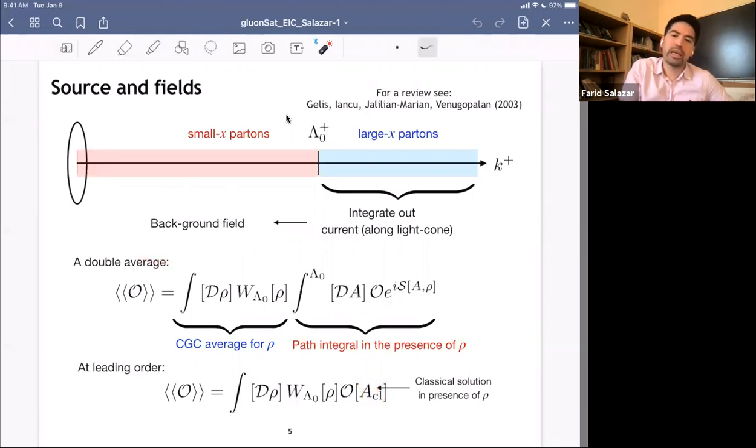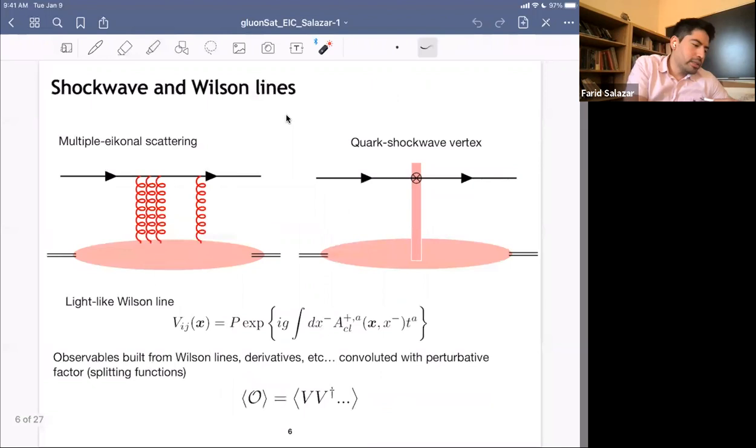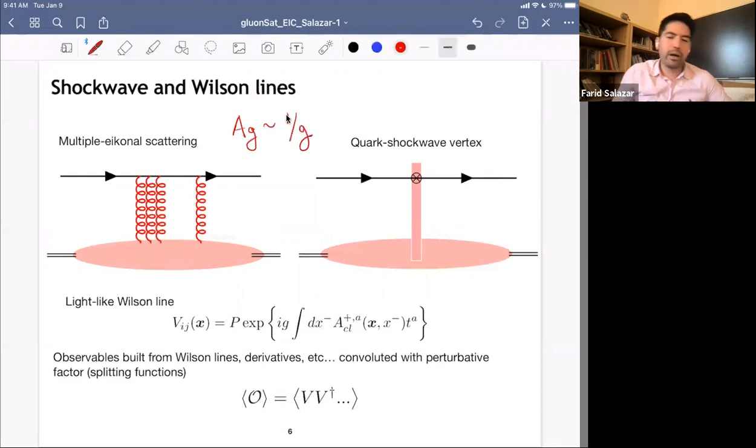Why a multiple scattering and why not just a single scattering? Because in the CGC, we assume that this background field is of order 1 over the coupling, so it's a strong, overpopulated field. And so when you add a gluon, of course, you will have a coupling associated with it.